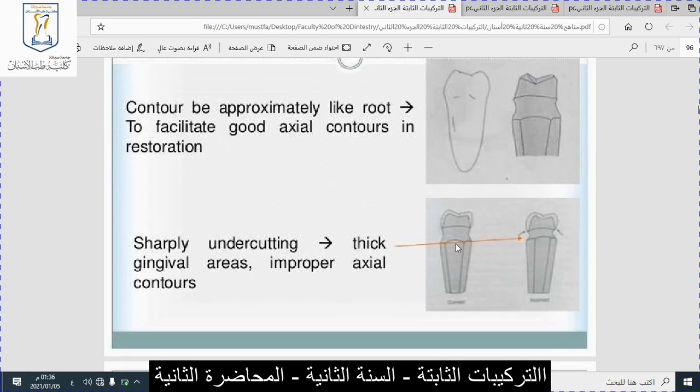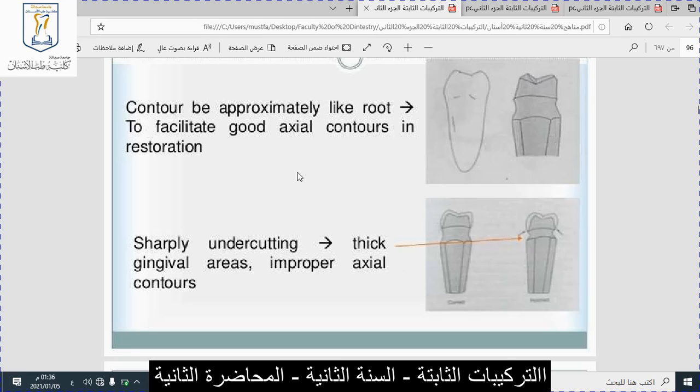Here you have two situations. This is a sharp undercut, which makes problems during wax contraction. We have to make the situation like the anatomy of the cervical margin of the tooth, not deepen the undercut or trim the die in the cervical area, which makes over-contouring. Sometimes over-contouring of the wax pattern means an overhanging restoration, and there will be an open margin and failure of the restoration.